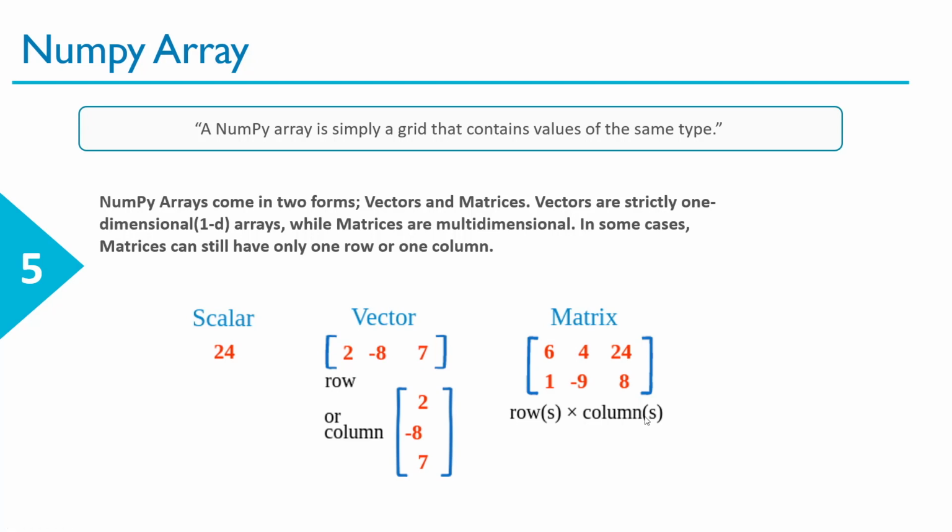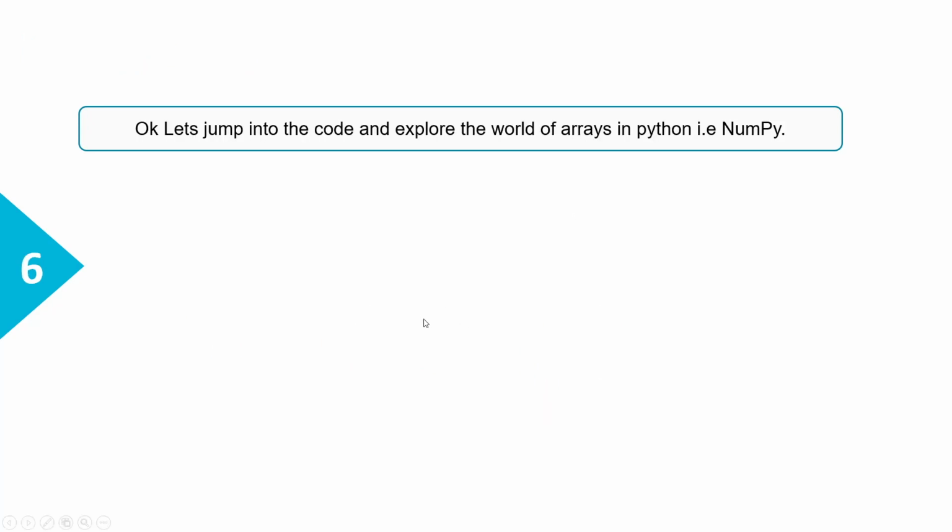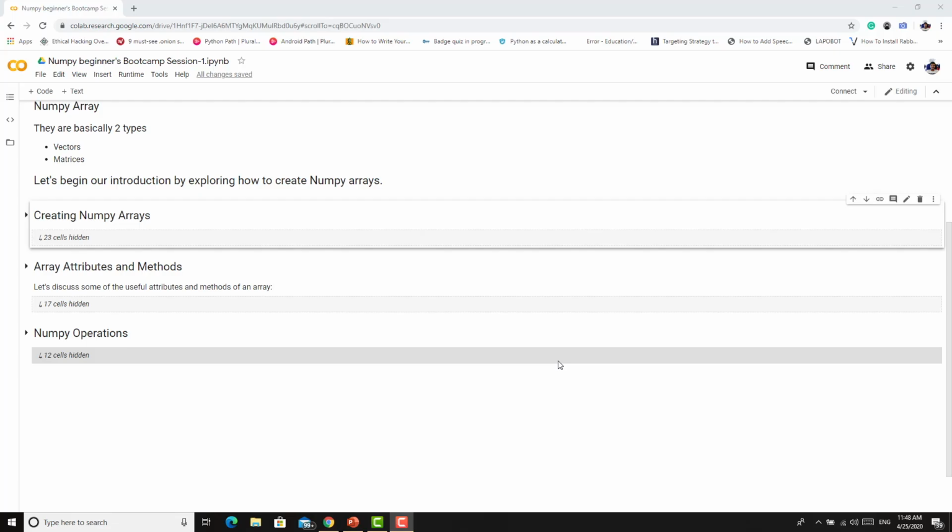We'll get a brief about this NumPy array in the code section. Okay, now let's jump directly into the Jupyter notebook and explore this world of arrays in Python, that is NumPy. Okay, let's start with our demo.